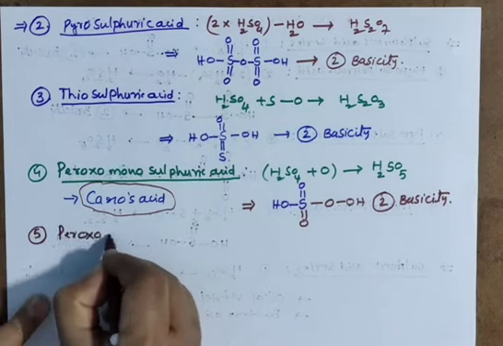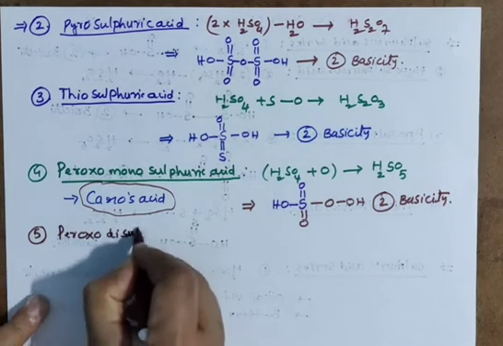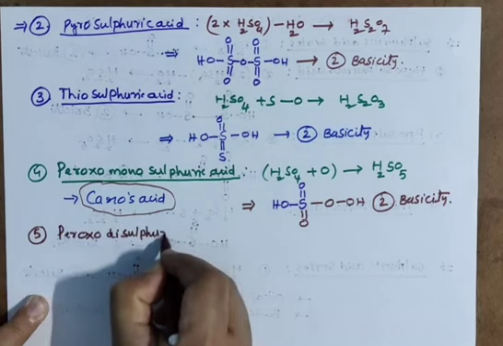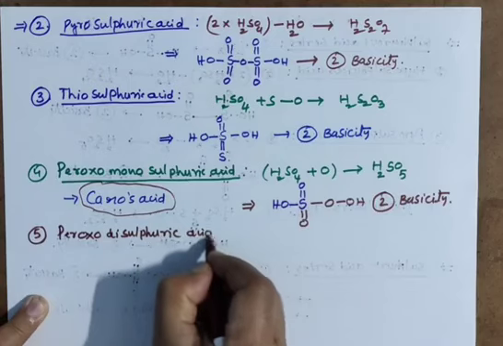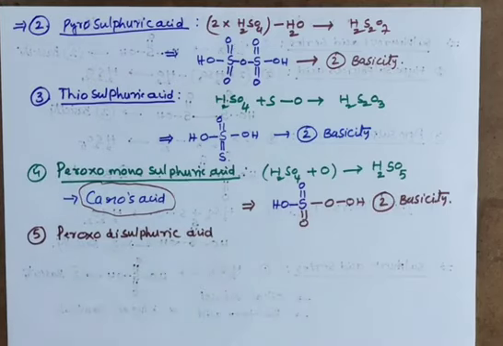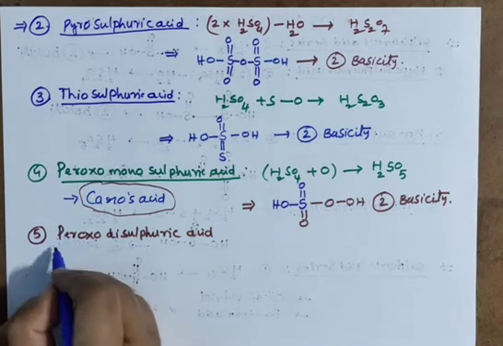Go for another one in this family, peroxodisulfuric acid. Previously we did peroxomonosulfuric acid. Now peroxodisulfuric acid. Let me discuss the structure. How to remember formula.